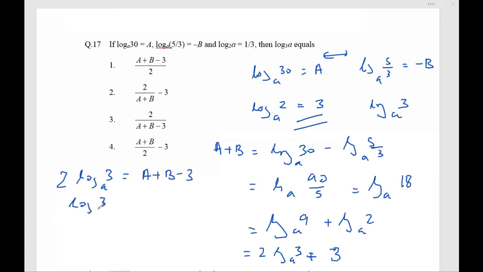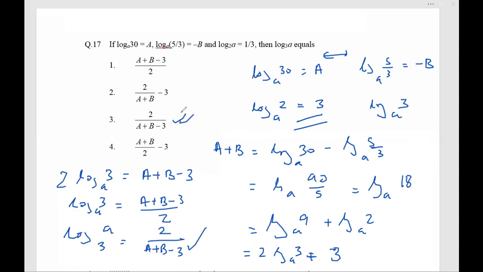Log 3 base a is equal to (a plus b minus 3) by 2. Therefore, the desired value, log of a base 3, taking the reciprocal, would be 2 upon a plus b minus 3. Option 3.